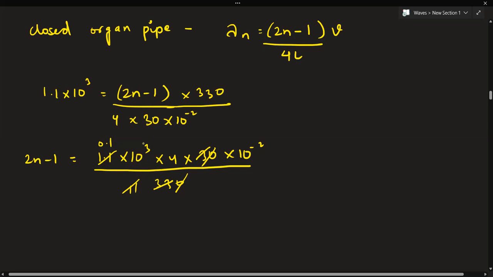So 10 to the power 3 and 10 to the power minus 3 give 0. We are left with only 4. So 2n minus 1 is 4.